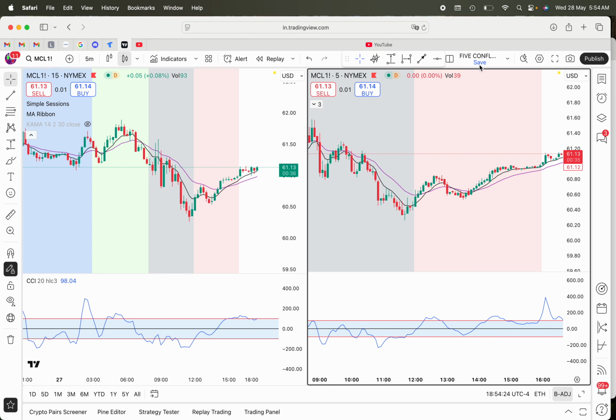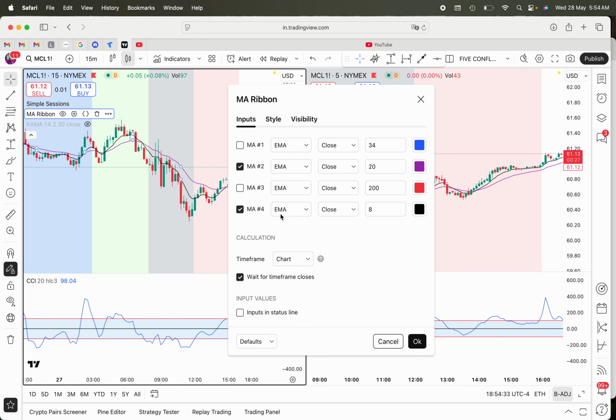Let's just talk about the indicators. I use a moving average ribbon, which holds 4 different EMAs or SMAs or other variations. The purple is a 20 EMA, and the black is an 8 EMA.